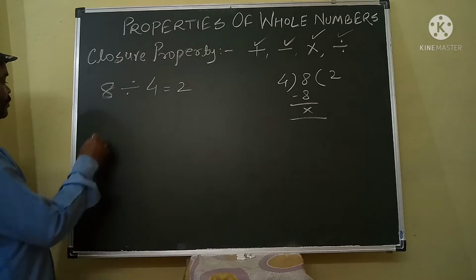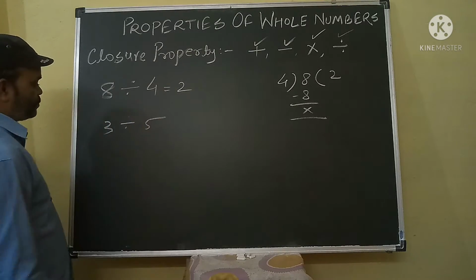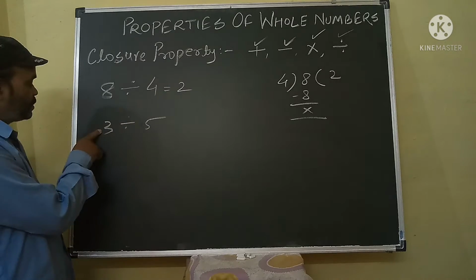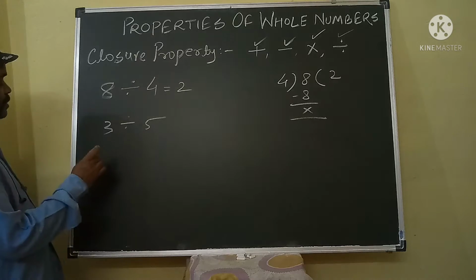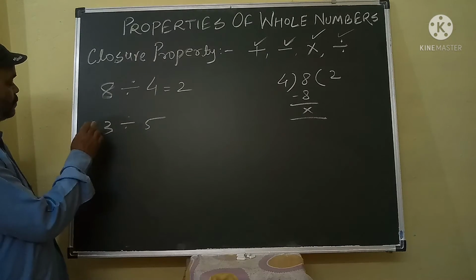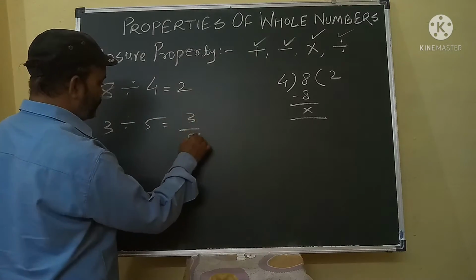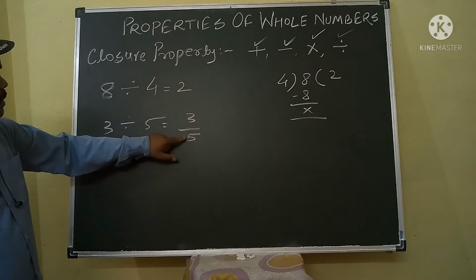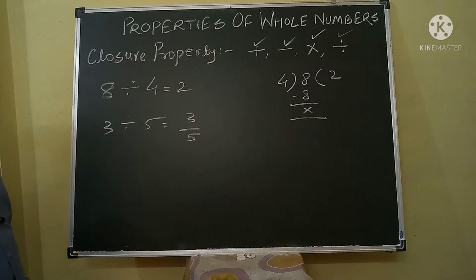But in another example, suppose this is 3 divided by 5. 3 is a whole number and 5 is a whole number. But when you divide 3 by 5, you get 3 upon 5, which is not a whole number.